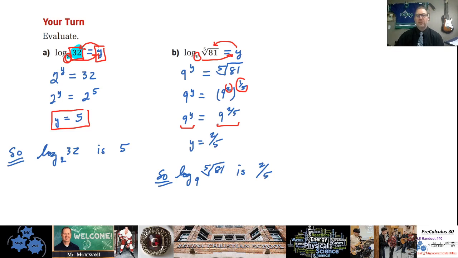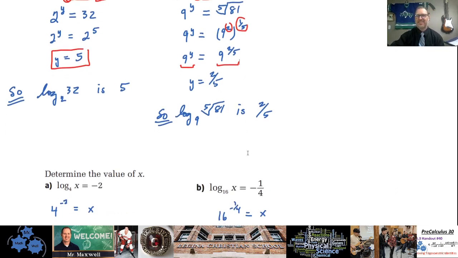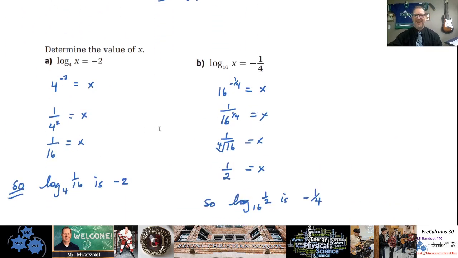Okay, so what this is saying is that the log of the 5th root of 81 with a base 9 is 2/5. So 9 to the power of 2/5 equals the 5th root of 81. All right. Okay. Next set of questions here. Determine the value of x.